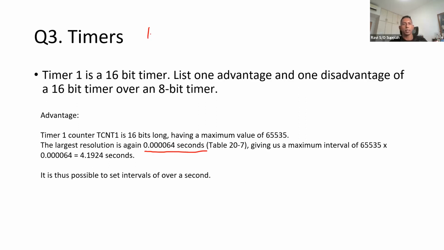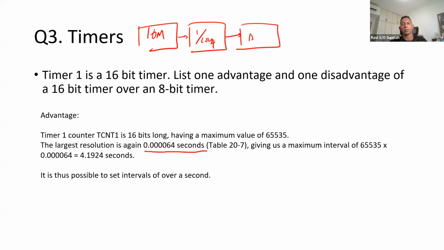You still have 16 megahertz going through 1024, and what comes out is the same 15 point something kilohertz, equivalent to a period of 0.000064 seconds. So the timing interval from one count to the next is the same.